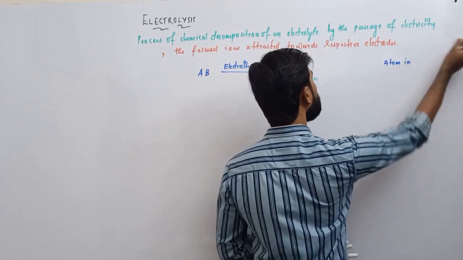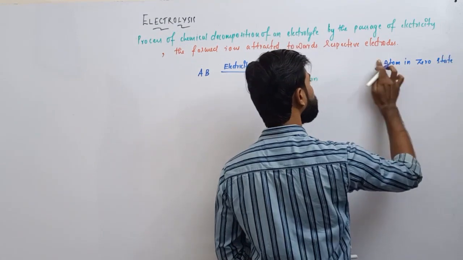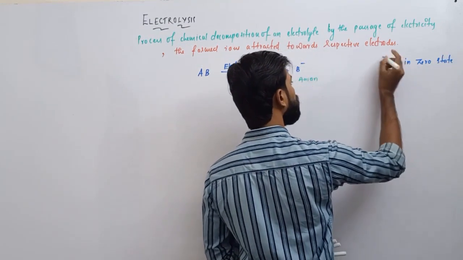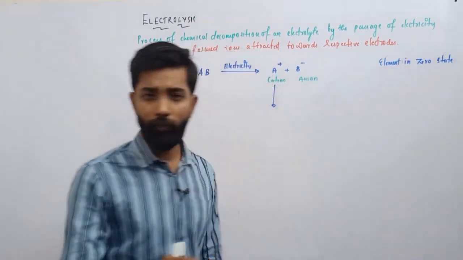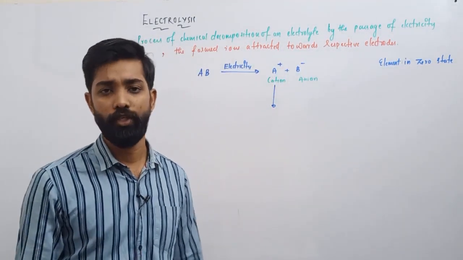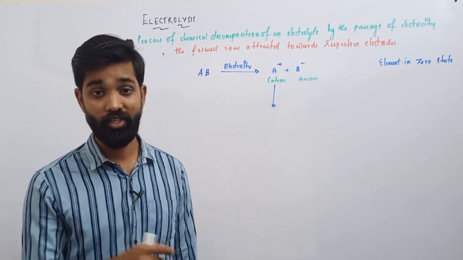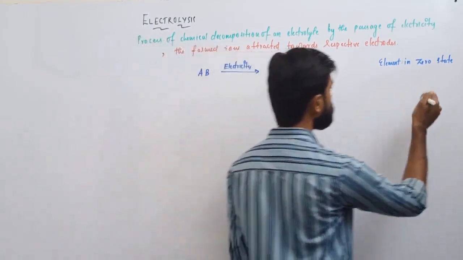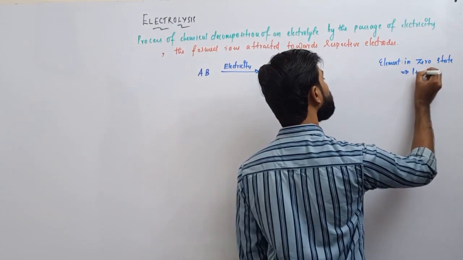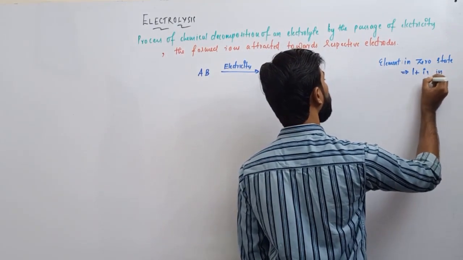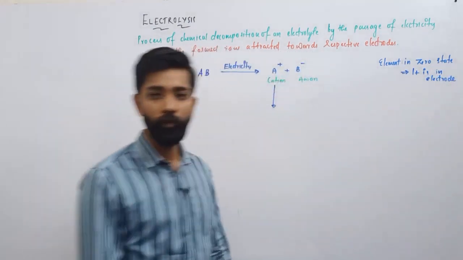An element has two kinds of states: either it is in the zero state or it is in a charged state. If an element is in the zero state, then it will be in the electrode.